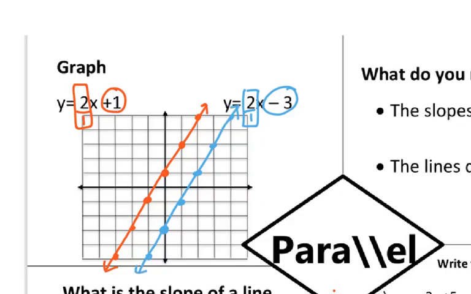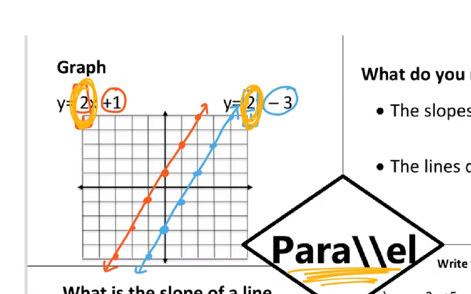So if you notice, these lines are never, ever going to touch. They are called parallel. The reason why they don't touch is because their pattern of rise over run is the same pattern for both. What that means is that because the slope number is the same, then these lines are parallel.